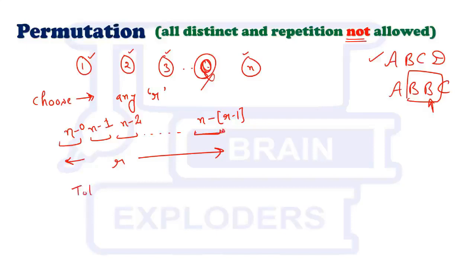Hence the total permutations of such kind are equal to n multiplied by n minus 1 multiplied by n minus 2, and so on up to n minus r plus 1.